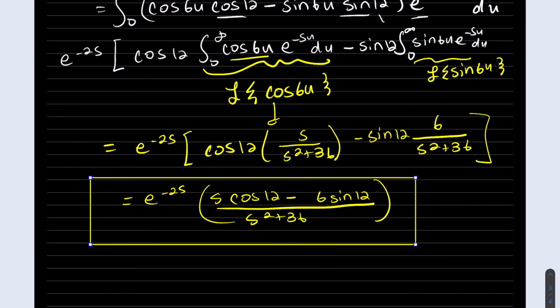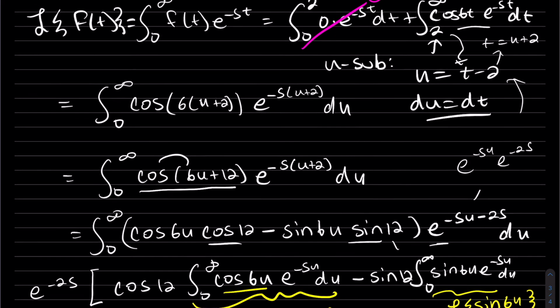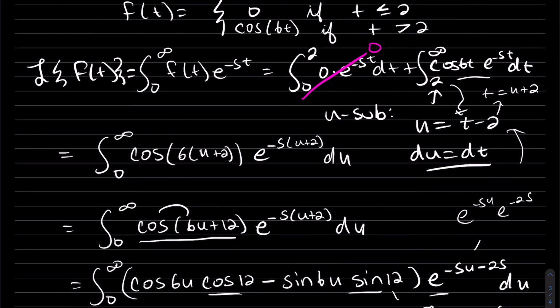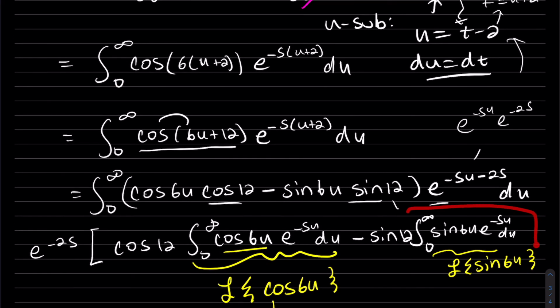Voila. So I just wanted to point out we didn't actually integrate, and that's why we had to replace this 2 with a 0, because when we use this definition right here, we were using the definition of Laplace where you have to have 0. The definition of Laplace has 0 there.